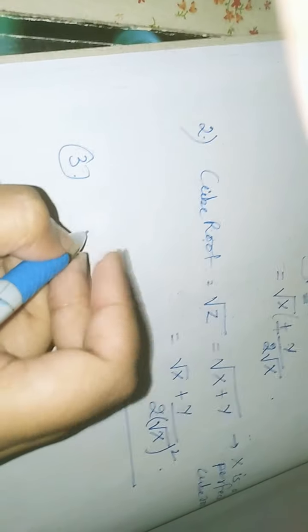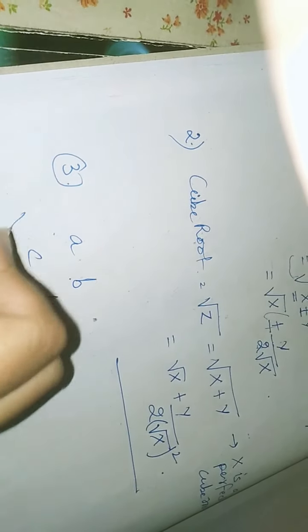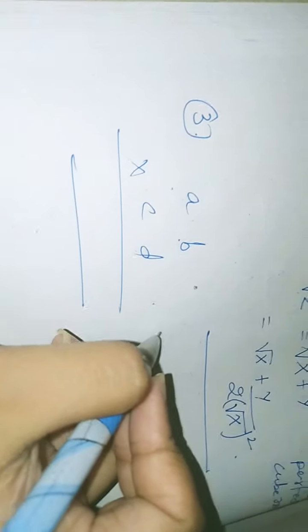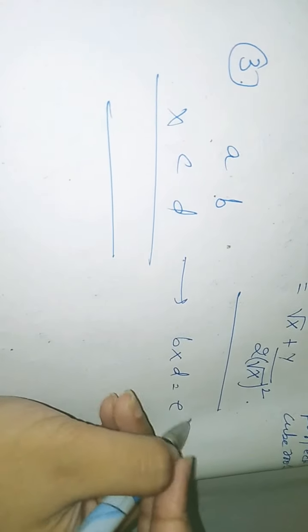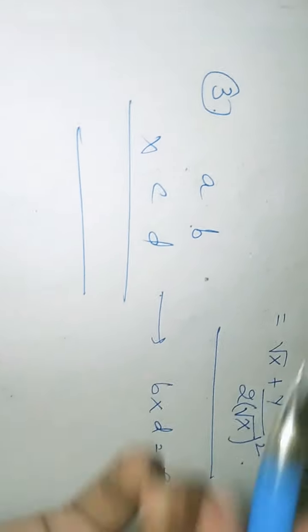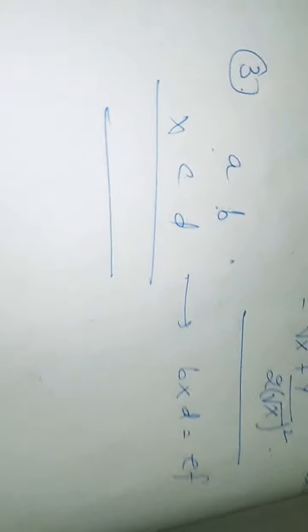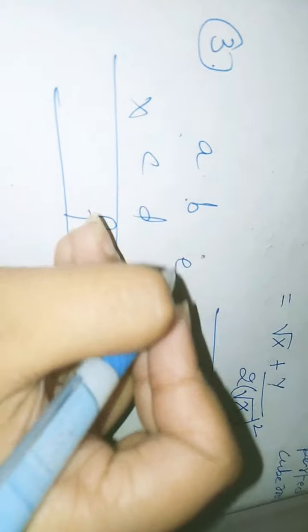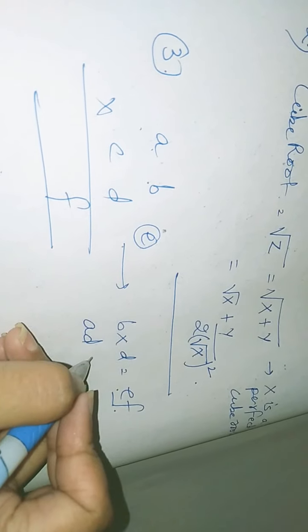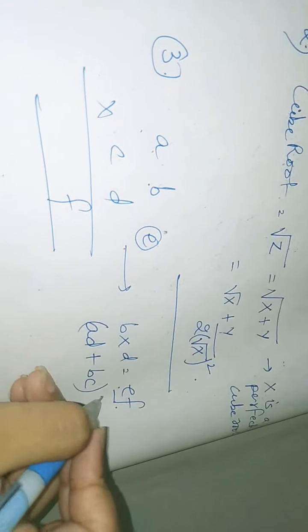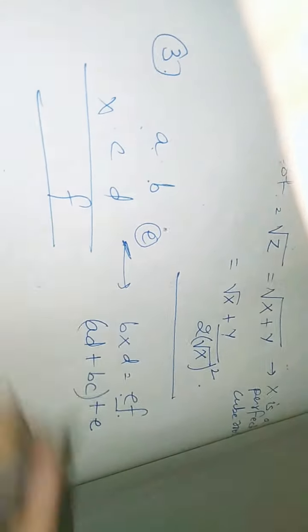This is my answer. Now the other thing I will give you is the multiplication trick for A, B, C, D. So here we will do B into D. If it is a single digit, it is okay, we don't have to carry anything, but if there are two digits, like the form EF, we will write only F and then carry forward E. Now we will cross multiply, AD plus BC, and then add the carry forward number.